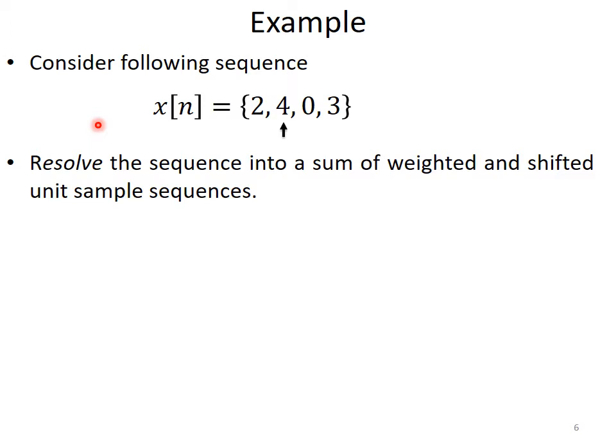This sequence is non-zero at three intervals: n equal to minus 1, n equal to 0, and n equal to 2. So we need three impulse functions: one time advanced at n equal to minus 1, another at n equal to 0, and another at n equal to 2.